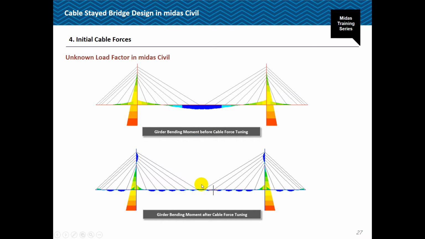But after the optimization, it was possible to reduce the sagging quite a lot, but still the hogging in that position is still quite high. And this is what I was trying to tell you before, that in general, hogging moments can be controlled to a certain extent, but you will realize that they cannot be controlled only with the cables.